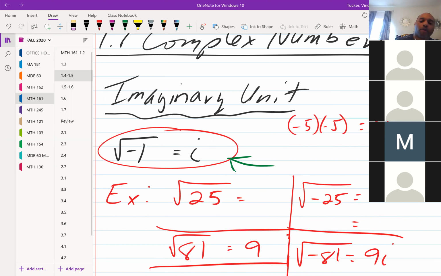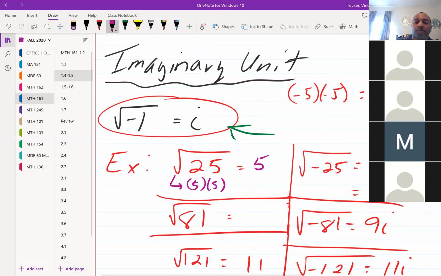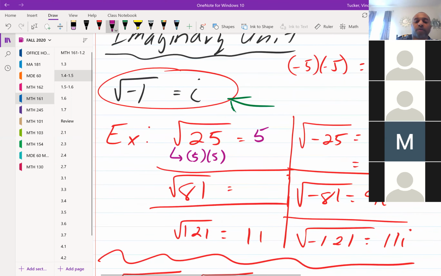So when I look at the square root of 25, you say what times itself twice will give me 25? And that is 5. And that is because 5 times 5 is 25. Same thing with the square root of 81. Square root of 81 is 9 because 9 times 9 will give me 81. Square root of 121 is 11 because 11 times 11 will give me 121.